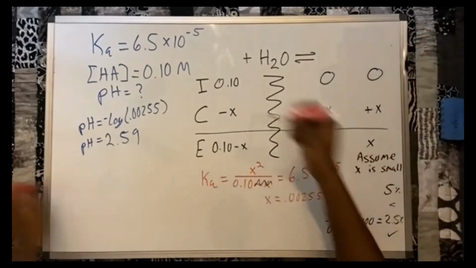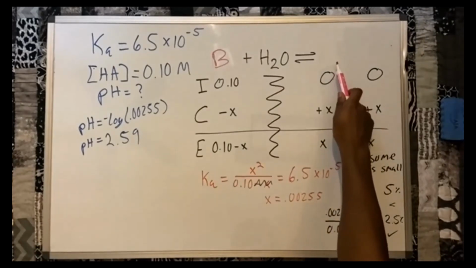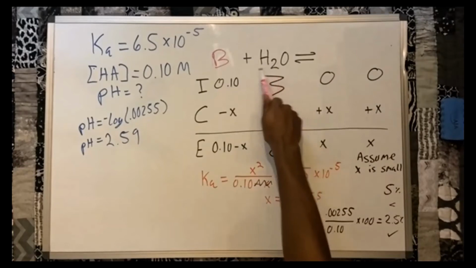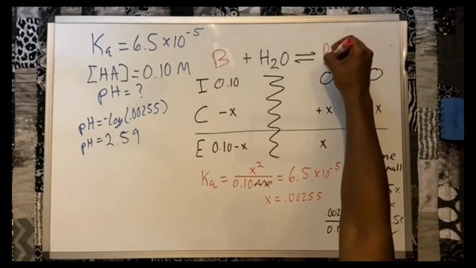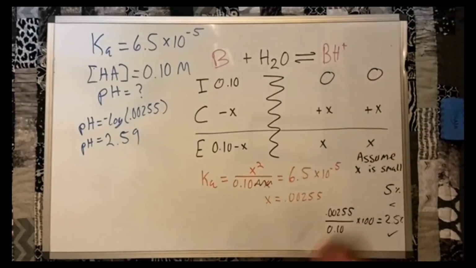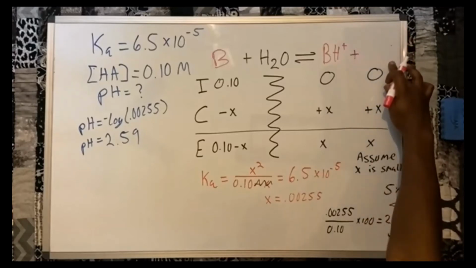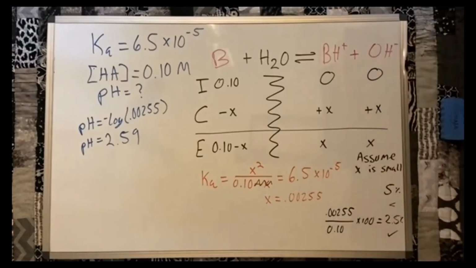Now I have a base up here, and then my product. Bases do what with respect to a proton? They gain a proton. So BH plus. What's going to be the other product? OH minus.